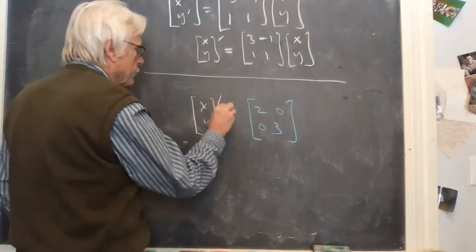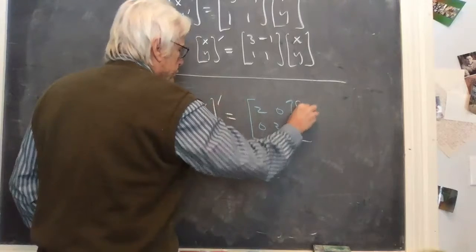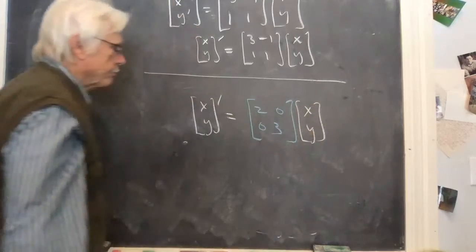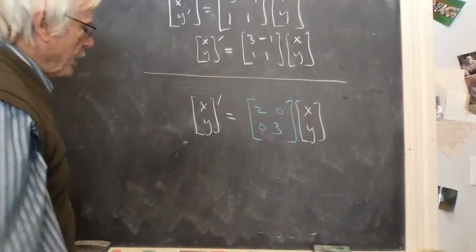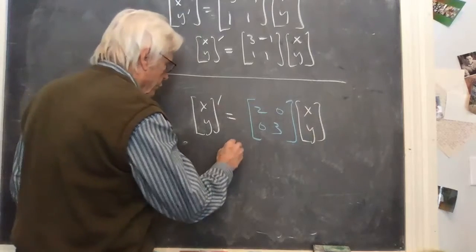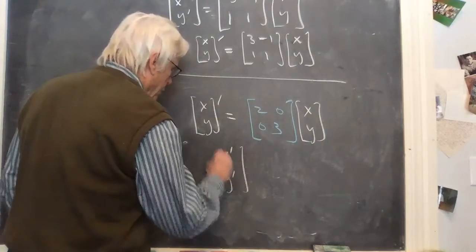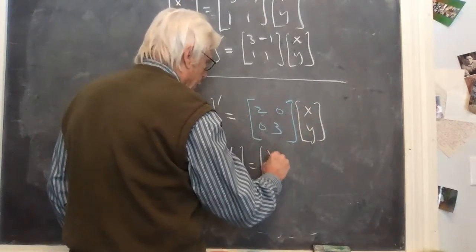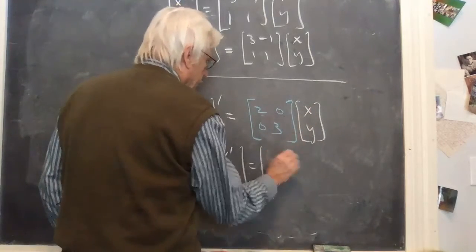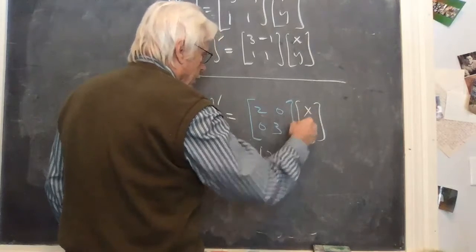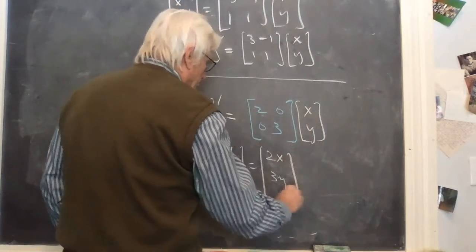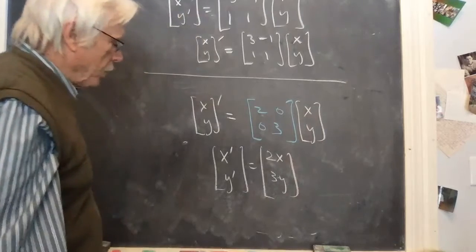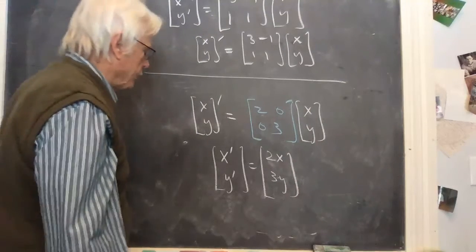This would be easy to solve, because multiplying back through would tell you that x prime, y prime is equal to 2x, 3y. So this breaks up into two equations and two unknowns that we can solve.